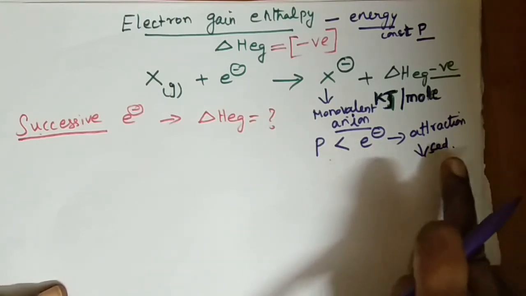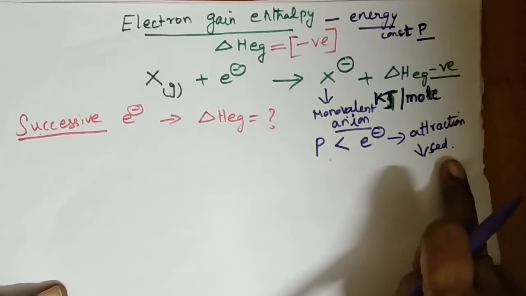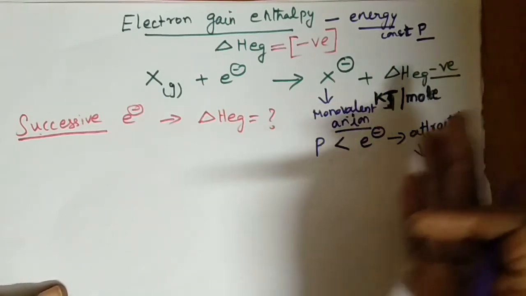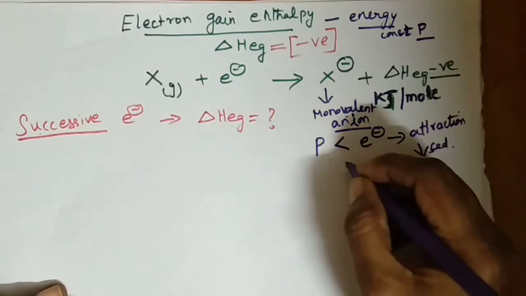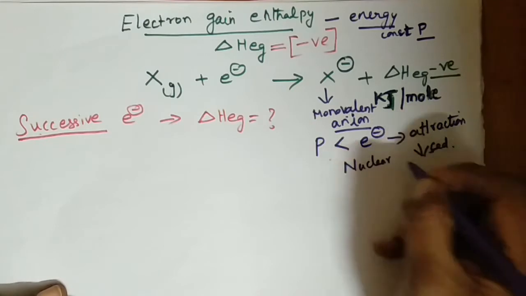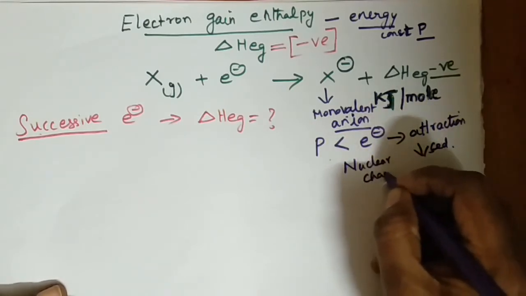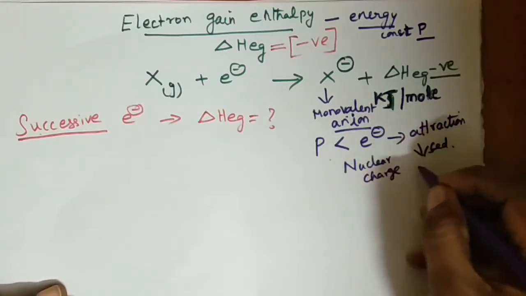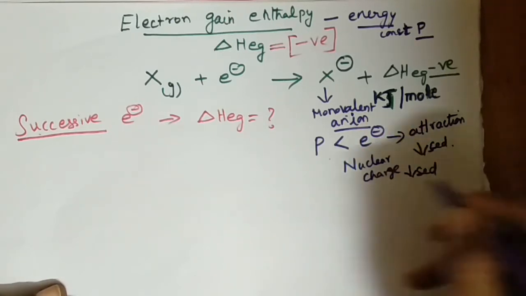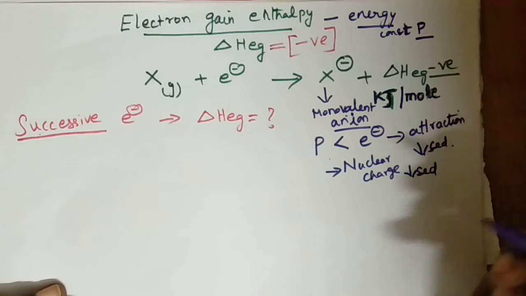So naturally the attraction decreases. Why has the attraction decreased? Because it is going to gain another electron, and there would be repulsion only. The nuclear charge upon that electron becomes less too, so I can write that it is decreased, and because of that the attraction is also decreased.